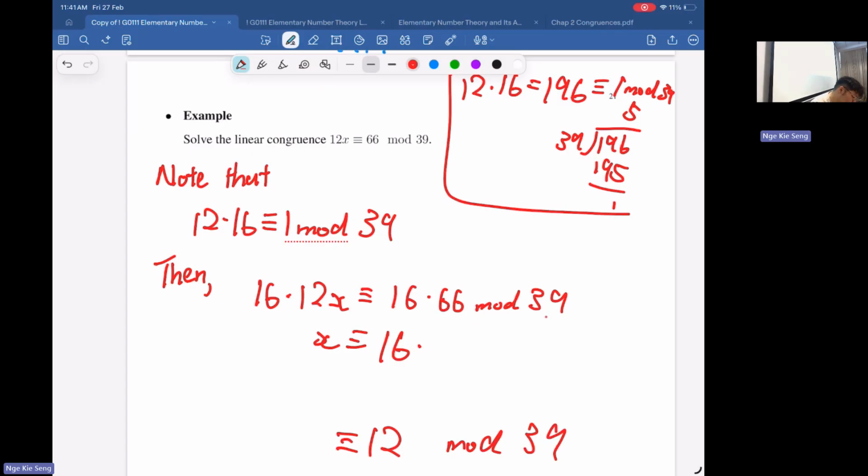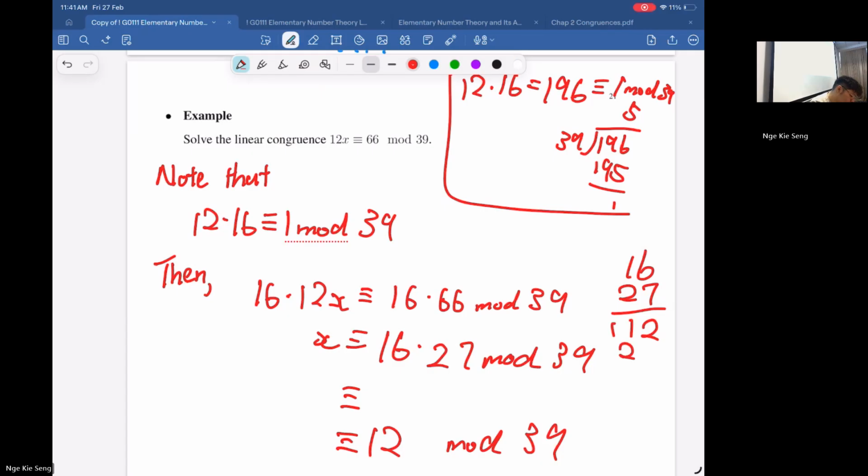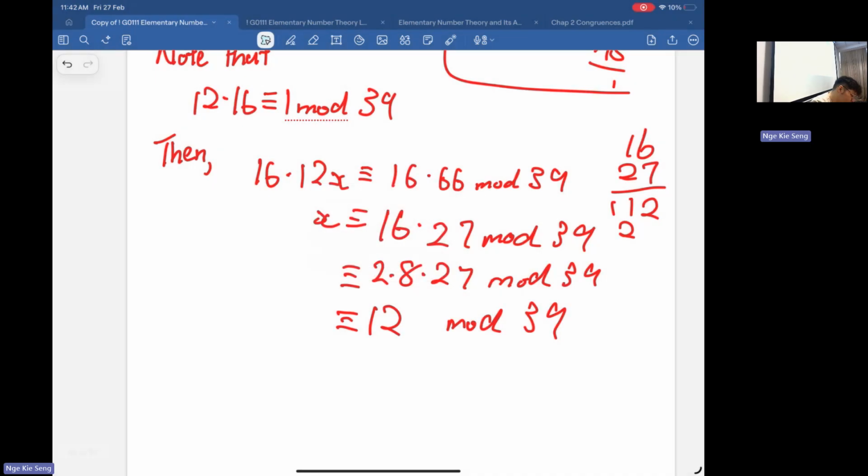66 mod 39 is what? 27, like that. And then what is 16 times 27? Someone says we can split 16 into 28. Is it easier? Let's try our magic.